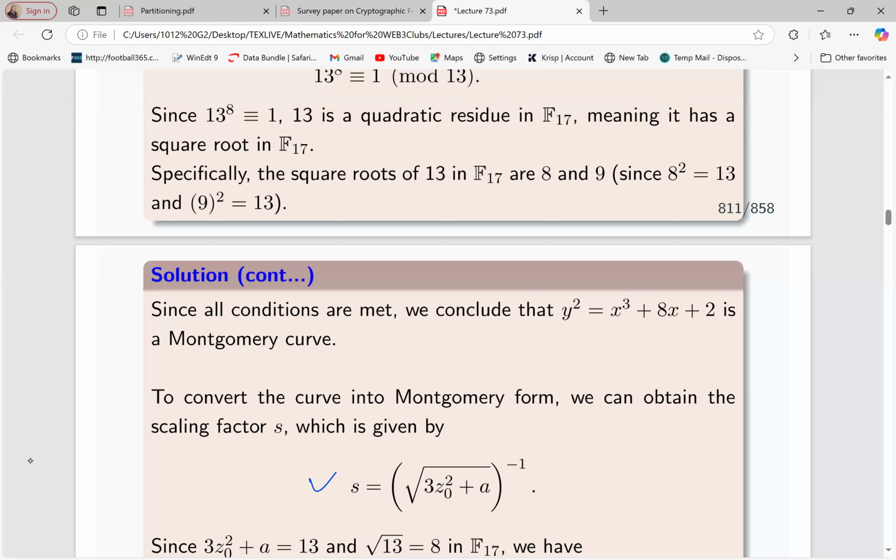So this is the same as the square root of 3 times Z naught squared plus A. Our Z naught was 8, and our A was also 8.